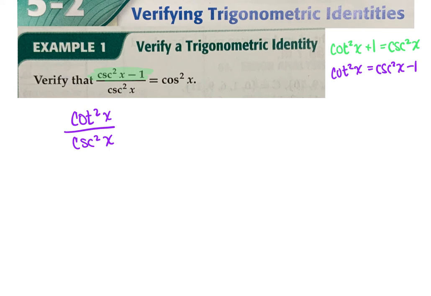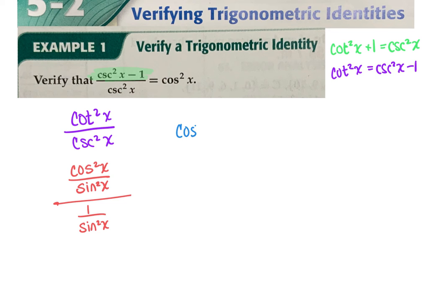So how would I rewrite cotangent in sine and cosine? Cosine over sine. And so it's cosine squared over sine squared. How would I rewrite cosecant squared? 1 over sine squared. How do I do a fraction over a fraction? Keep, change, flip.